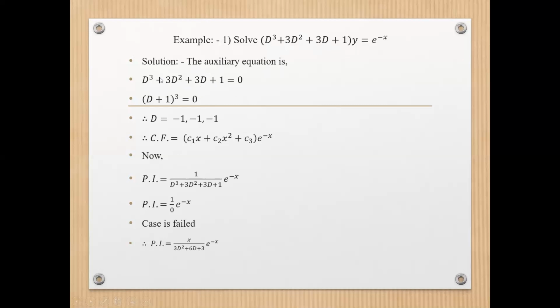Here I have written this polynomial as d plus 1 whole cube equal to 0, which is d plus 1 into d plus 1 into d plus 1 equal to 0. Equating separately to 0, we get the roots as minus 1, minus 1, minus 1.